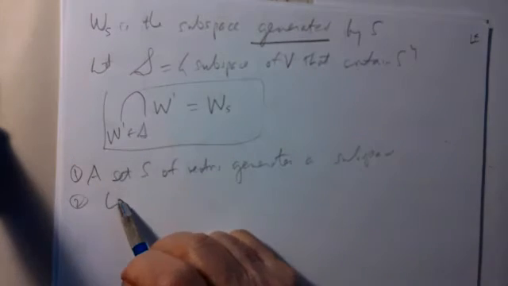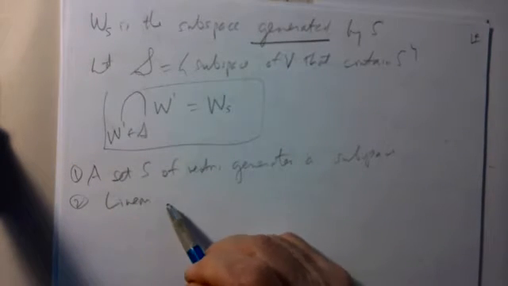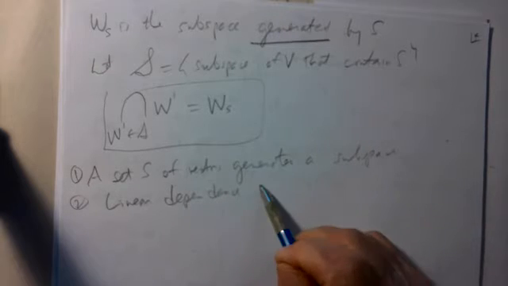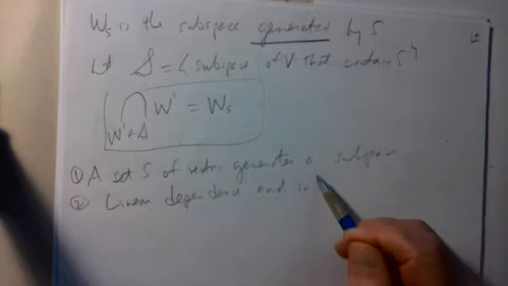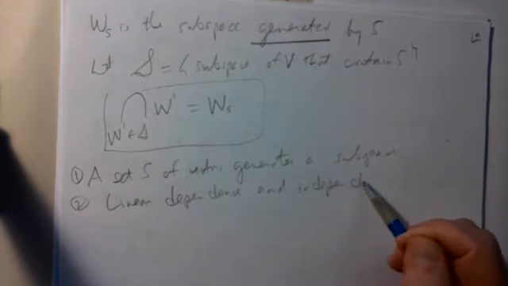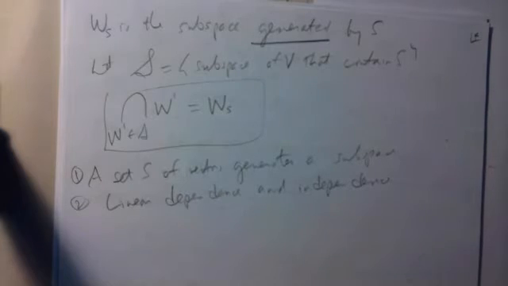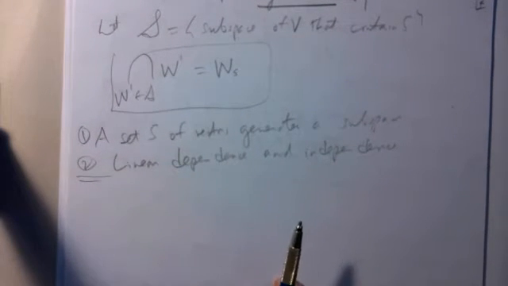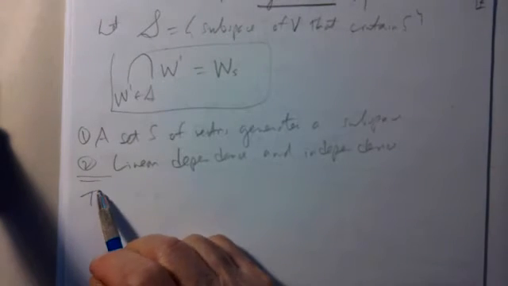And we have the idea of linear dependence and independence. And these are connected in several important theorems. And here is one of the most important, which I proved yesterday, and I will prove again because it's so important.